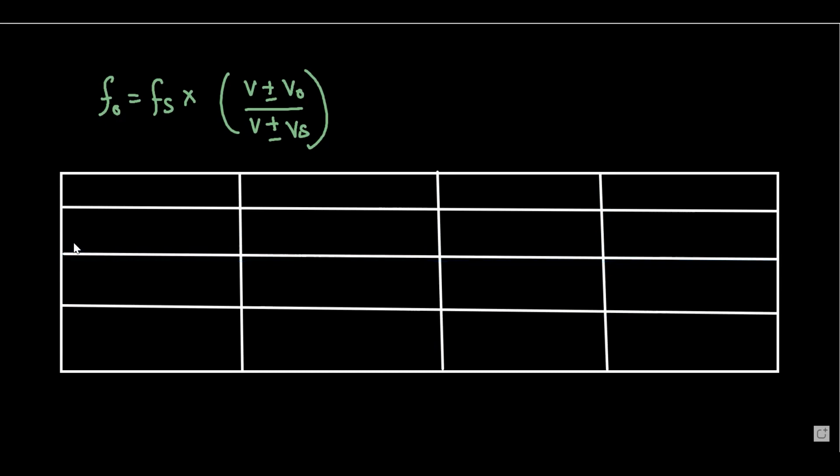So this here represents a stationary observer. Observer moving towards the source. Observer moving away from the source.